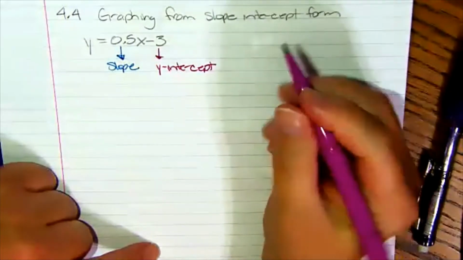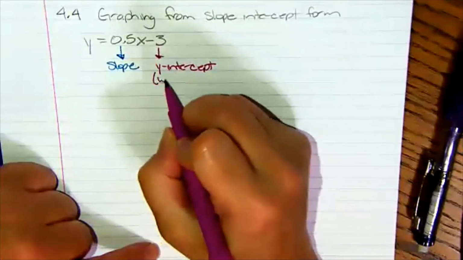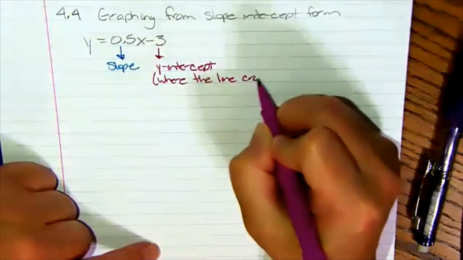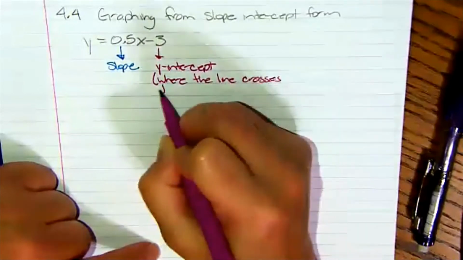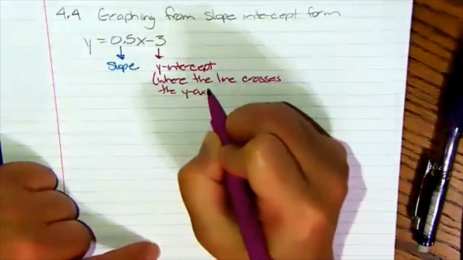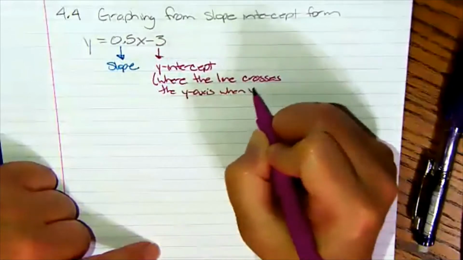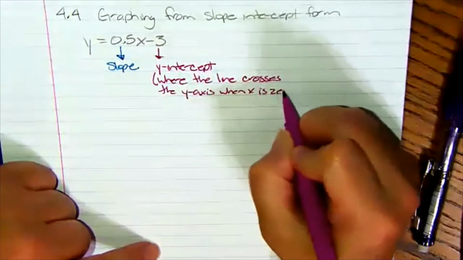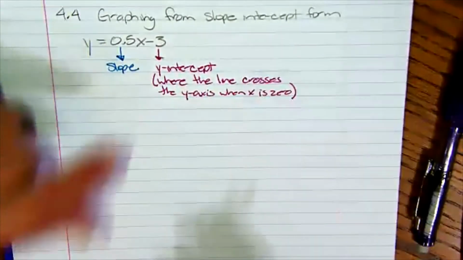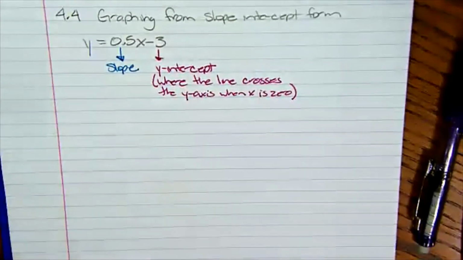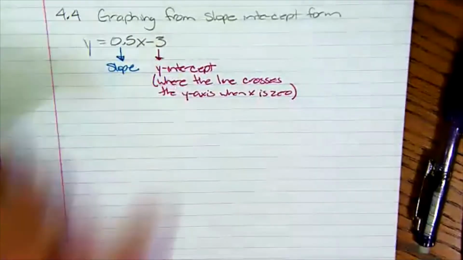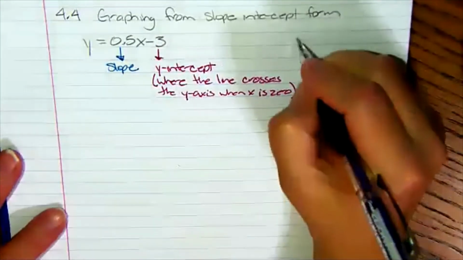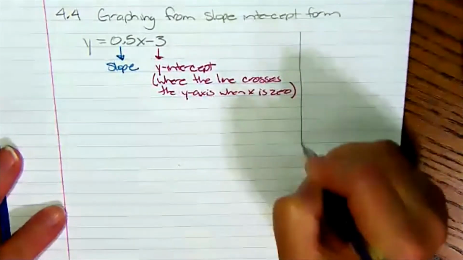And a y-intercept is where the line crosses the y-axis when x is 0. Okay, so with this information, we can create our graph.